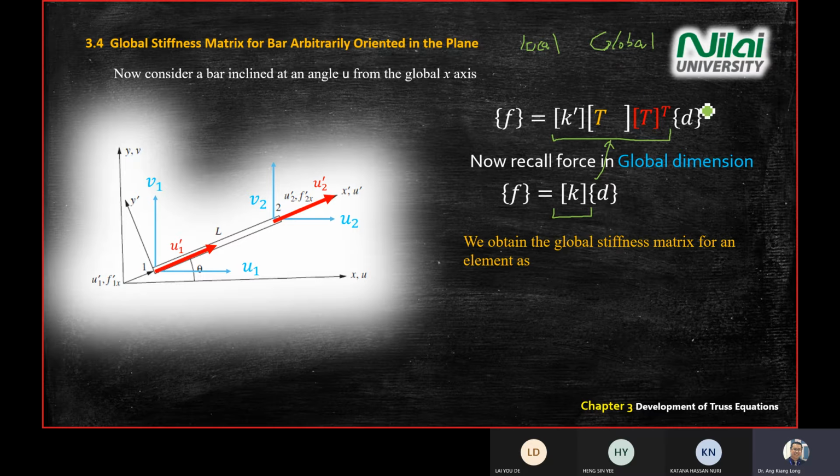So the equation that you see on the screen on the top here is the local data with the prime, and then the lower one is more on the global dimension. So you can link these two matrix dimensions together. So your K equal to K prime T and T transpose.